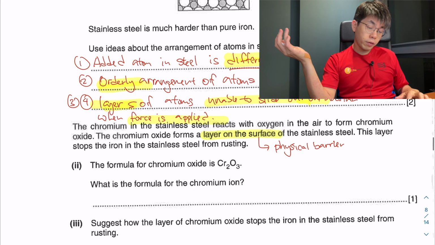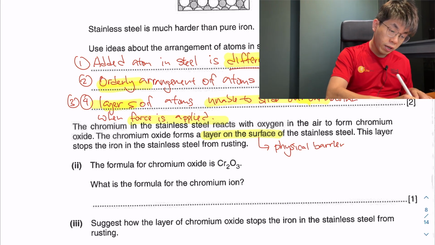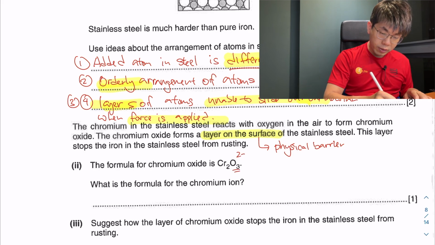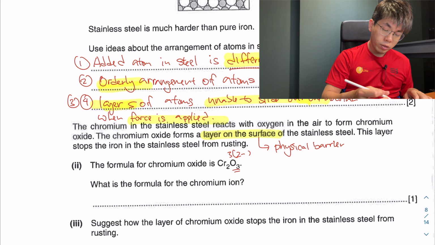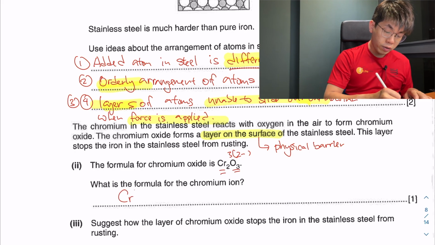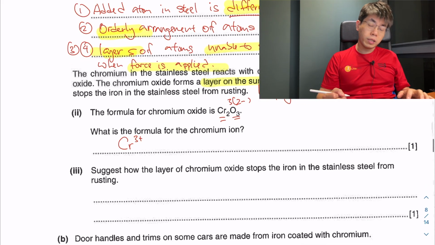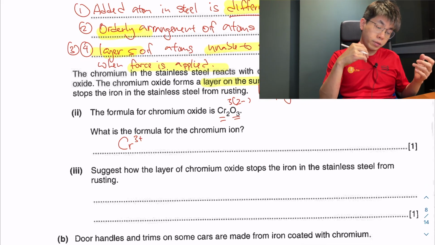The formula of chromium oxide is Cr2O3. What's the formula of the chromium ion? The oxide is 2 minus times 3, so the chromium should be Cr3+.